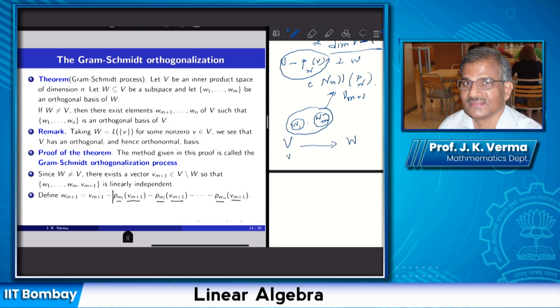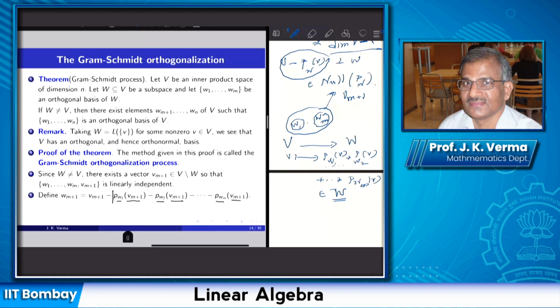I take a vector and look at its projection in the direction of W1, in the direction of W2, etc. The projection of V in the direction of W1 is a scalar multiple of W1, and the projection of V in the direction of W2 is a scalar multiple of W2, etc. When I add these vectors, it is a linear combination of W1, W2, Wm, and therefore a vector inside W. I always think of a plane passing through the origin and an arbitrary vector in R3, and I want to project that vector inside this subspace.